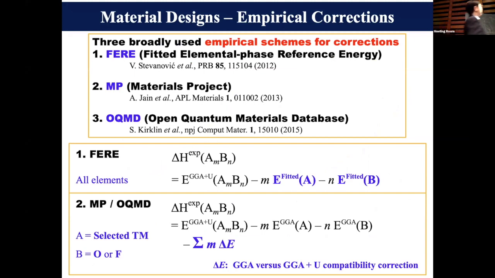There are three broadly used empirical schemes for correction. The first one is the fitted elemental phase reference energy, simply called FERE. The second one is Materials Project. And the third one is the Open Quantum Materials Database scheme. We do not have enough time, so I skip the detail. If you want to know the detail, I can explain later.